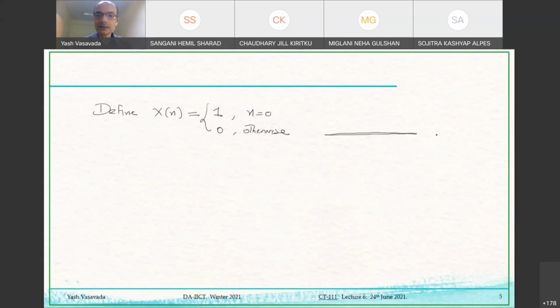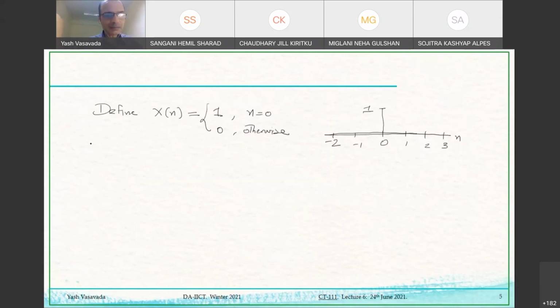This is the n axis, and let's say maybe this is -2, -1, 0, 1, 2, 3, etc. Then this x of n has a value of 1 when n is equal to 0, and everywhere else it is 0. Basically, the signal is not present.